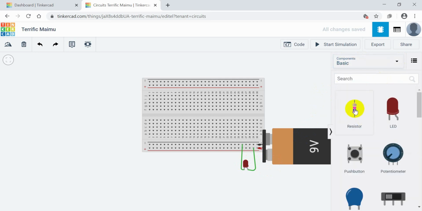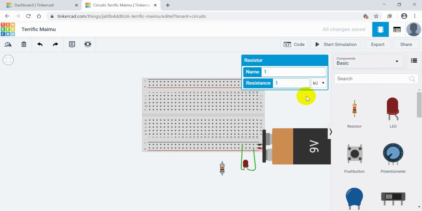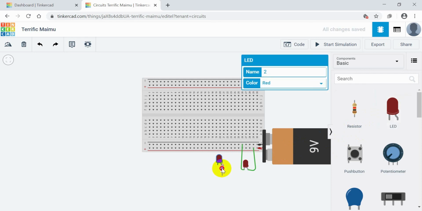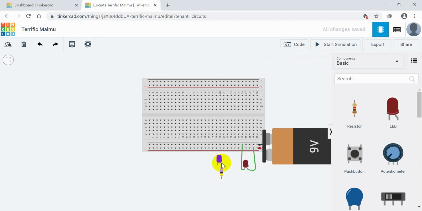This is the resistor, and this value we are adjusting to 350 ohms or around 400 ohms. So 400 ohms. Next, LED, light emitting diode selected, and here I'm connecting it directly. This is the anode, positive terminal, across.